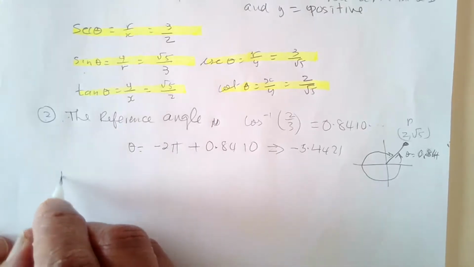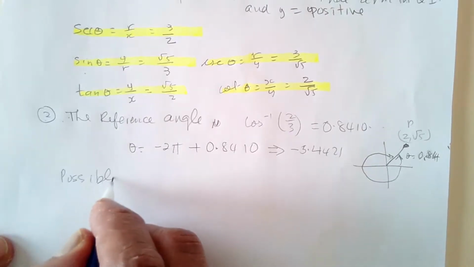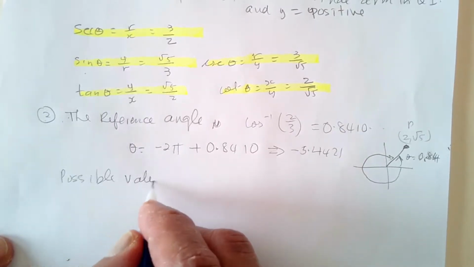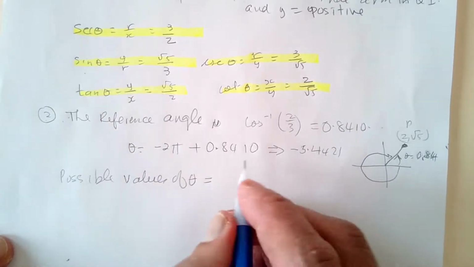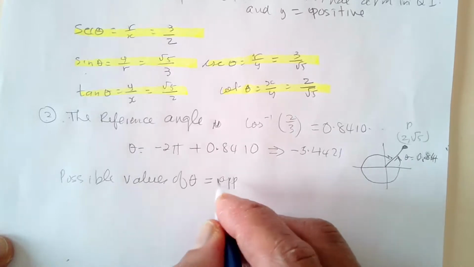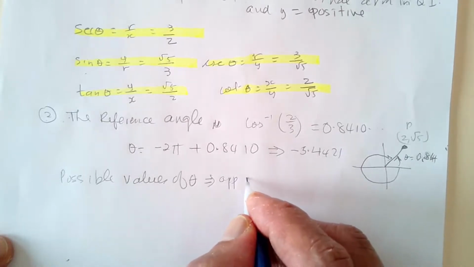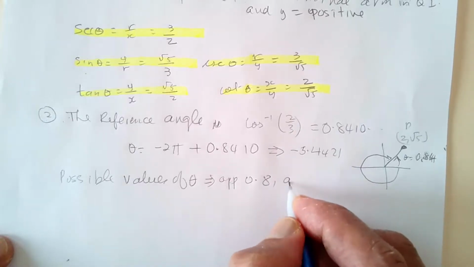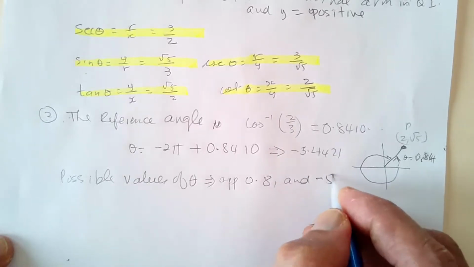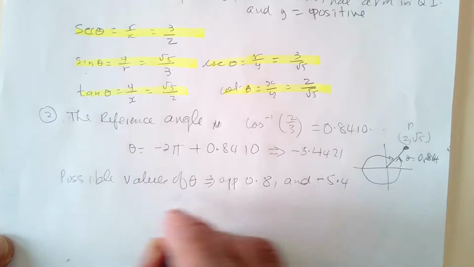So we can conclude the possible values of theta are approximately 0.8 and negative 5.4.